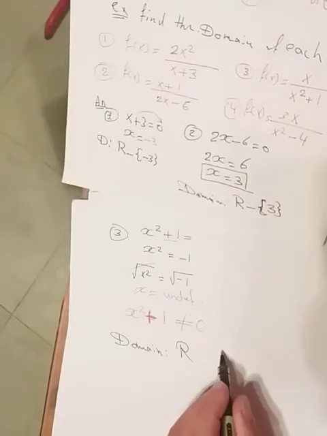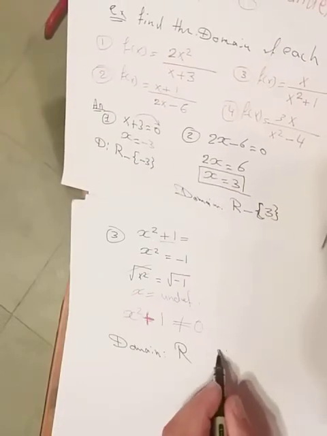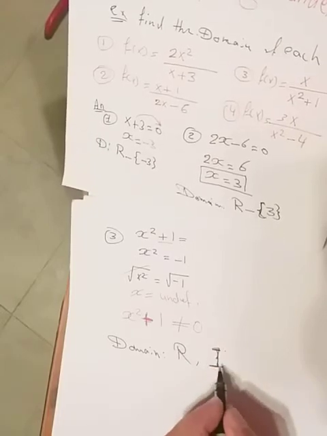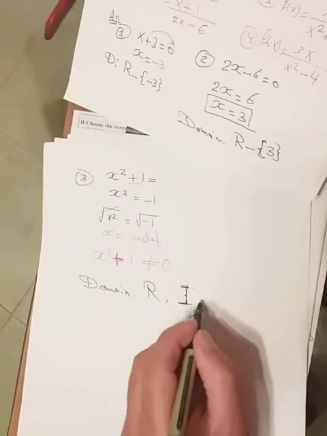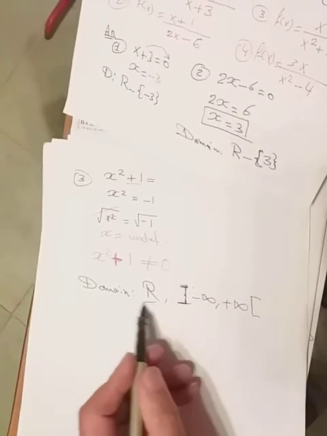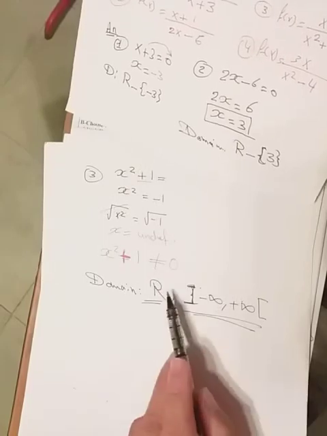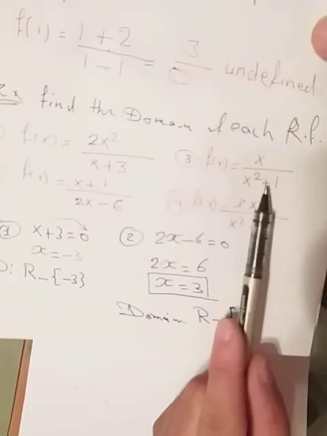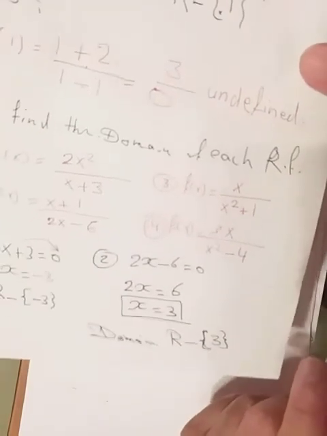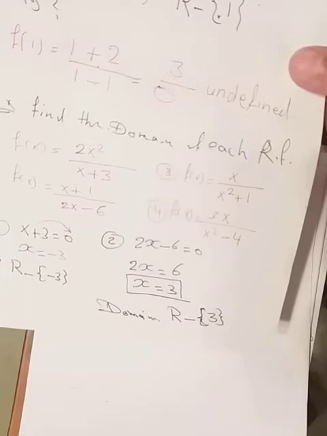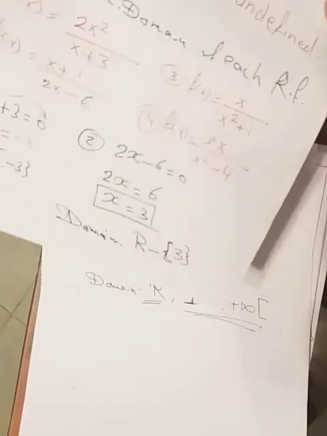Sometimes we can write it as from minus infinity to positive infinity. This is the same. All real numbers. We can put for x any number. It's always defined.